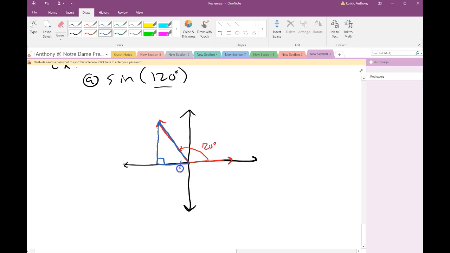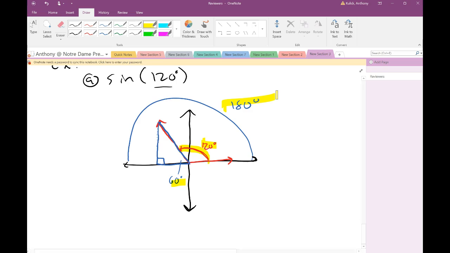And I know what this angle is going to be, because I know from here to here is 180 degrees. And from here to here is 120 degrees. So what does this spot that we're missing have to be? 60 degrees, right? Because 120 plus 60 gives me 180.